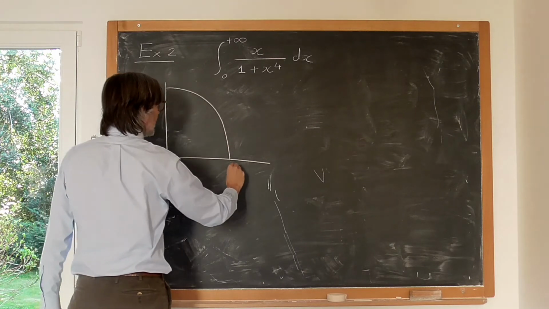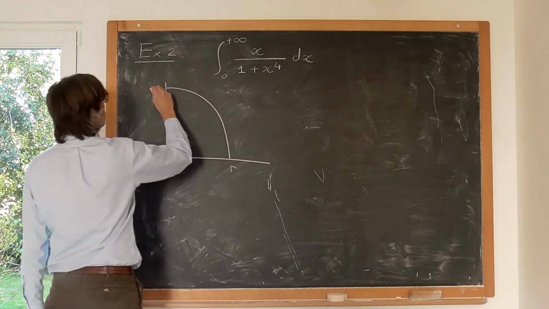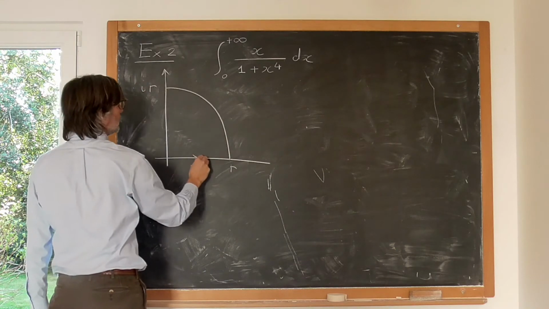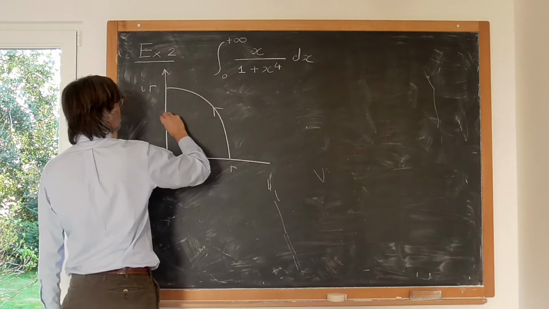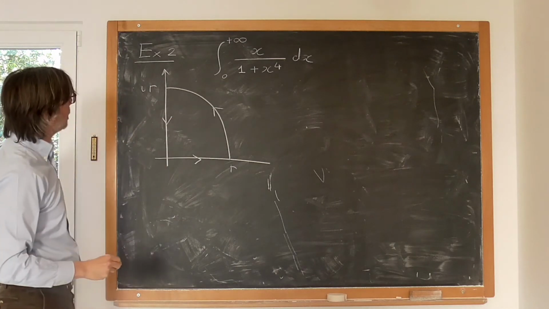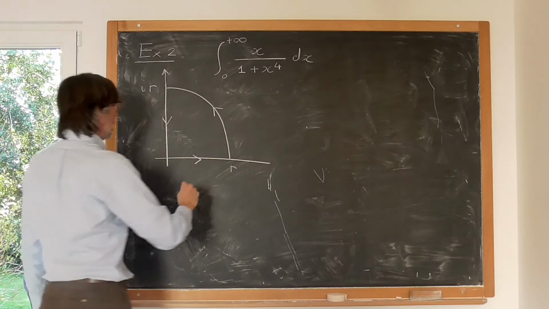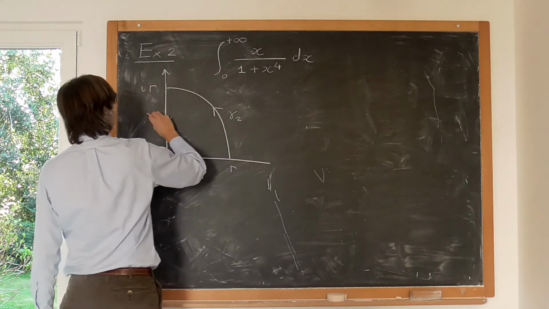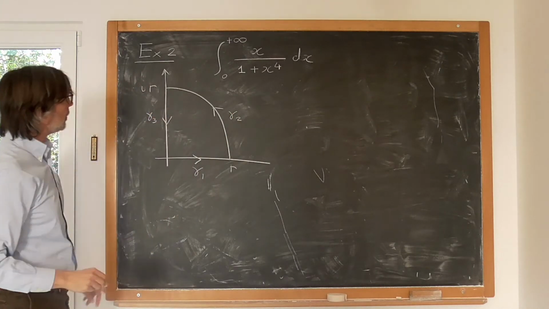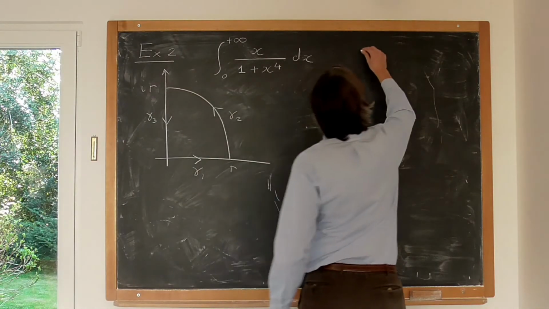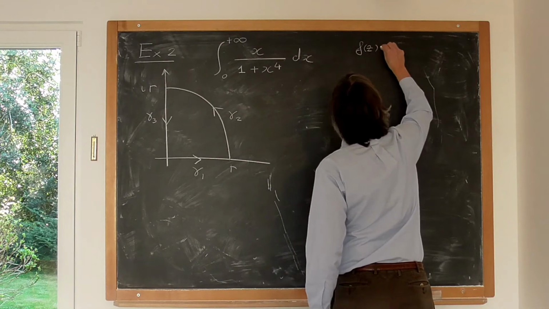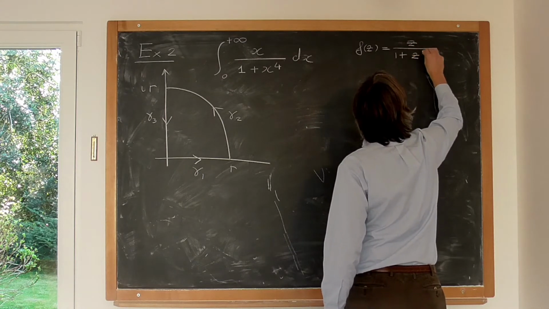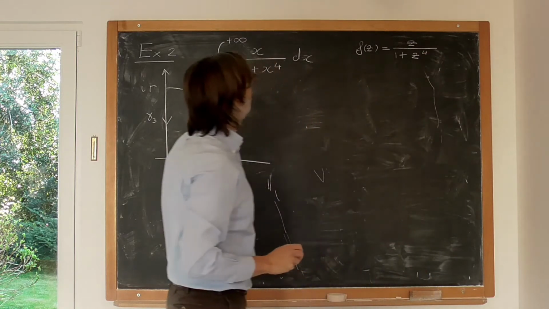of a circle. More precisely, we will integrate over this contour. So this is the point R, this is the point iR, and we will consider this contour. And again, we have the contributions gamma 1, gamma 2, and gamma 3. So, the function f of z is, of course, z divided by 1 plus z to the power 4.